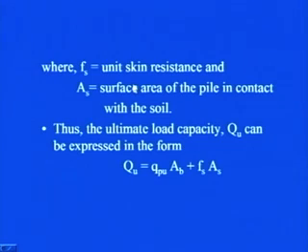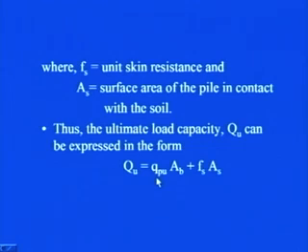And as we discussed in the last class, the total ultimate load carrying capacity of the pile will be the total skin friction resistance plus the total point bearing resistance. So, here we can write it in this expression form: the ultimate load capacity Q_u can be expressed as Q_u is equal to q_pu into A_b plus f_s into A_s, where this q_pu is the unit point bearing acting on the area of the base of the pile, that is A_b.